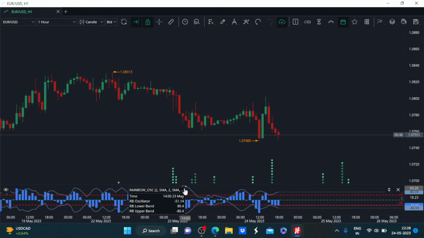And looking at the rainbow oscillators output value, we can figure out if the current strong trend is likely to persist or if the signs are emerging in the market of a possible reversal.